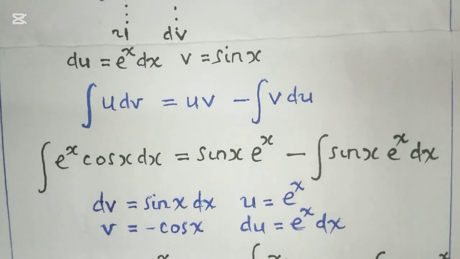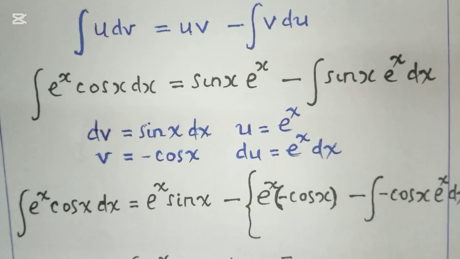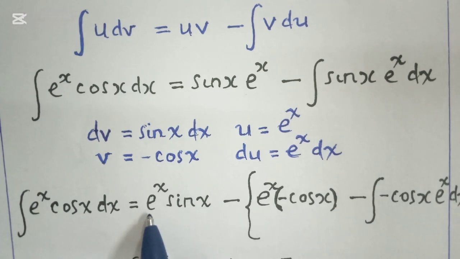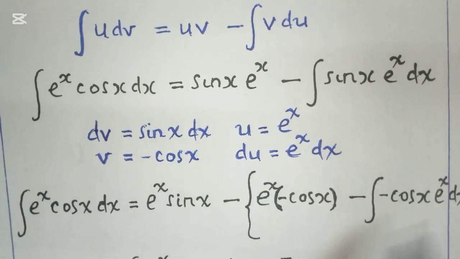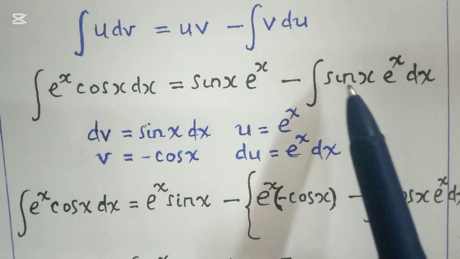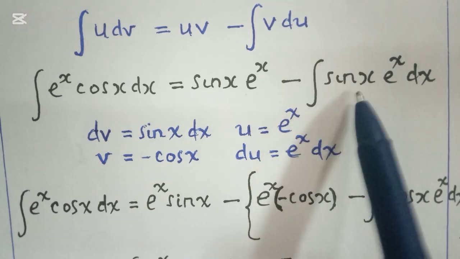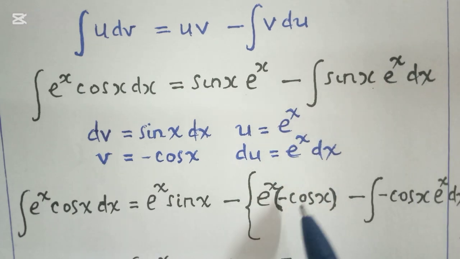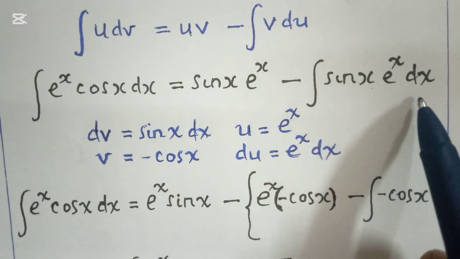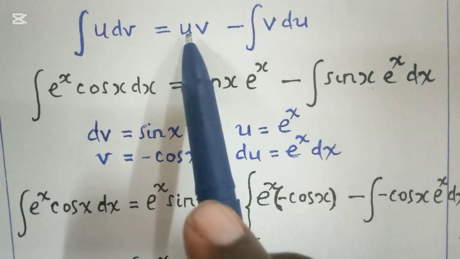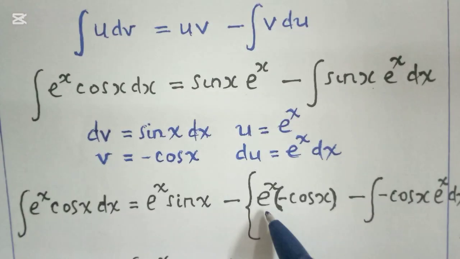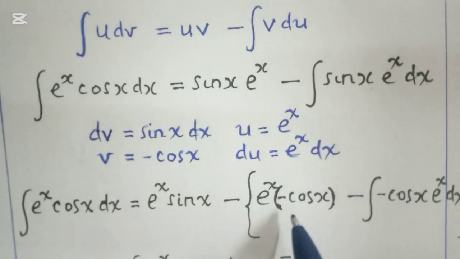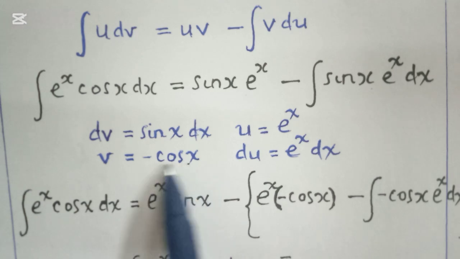And so, guys, now we replace. This is originally the way it was. Then we come to this position, which is actually the integral of sin x and then e raised to x dx. So instead of repeating this one, we went ahead and wrote the u and v, whereby the u is going to be e raised to x and the v is going to be minus cos x, which is here.